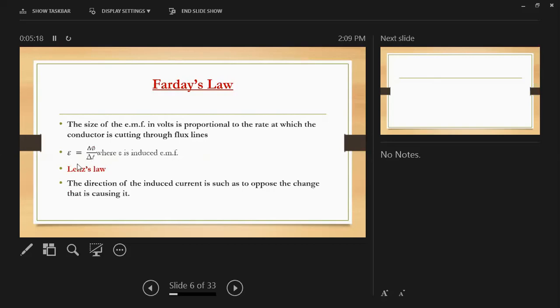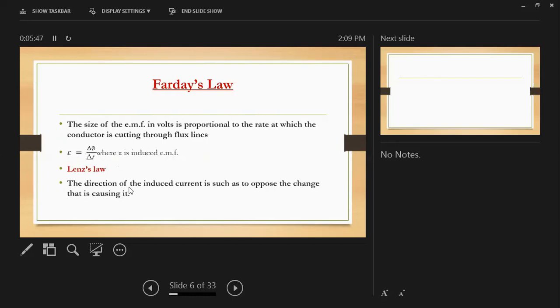To find the EMF, the induced voltage, we use the formula magnetic flux over time. If you don't know magnetic flux, write magnetic field times area, so the formula becomes magnetic field times area over change in time. This gives us the electromotive force, or induced voltage.